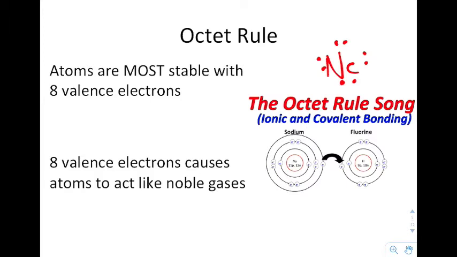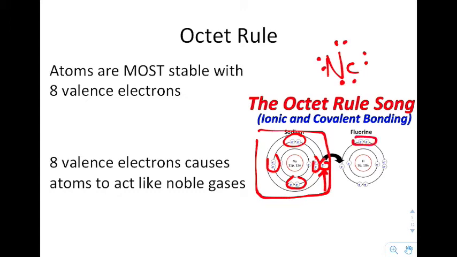8 valence electrons cause atoms to act like noble gases. So if you were to look at sodium, if it loses an electron, it will satisfy the octet rule. It will have 2, 4, 6, 8 electrons in its valence shell if it can get rid of that one. Fluorine, on the other hand, has 2, 4, 6, 7.